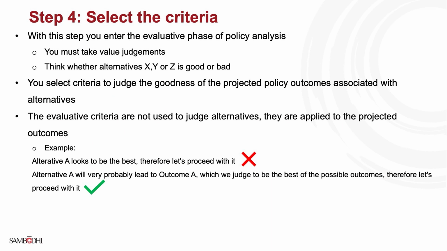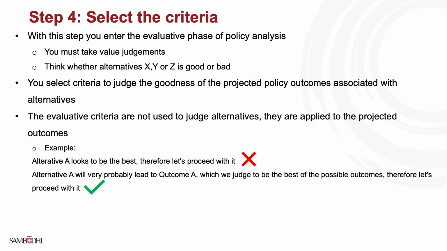Right now, with this step, we enter into the evaluative section of the policy simulation of the Bardach eightfold path. Here we can suspend our analytical frame of mind, and we have to take some assumptions. We have to do some subjective evaluation. So we have to select the criteria to evaluate our policy alternatives.